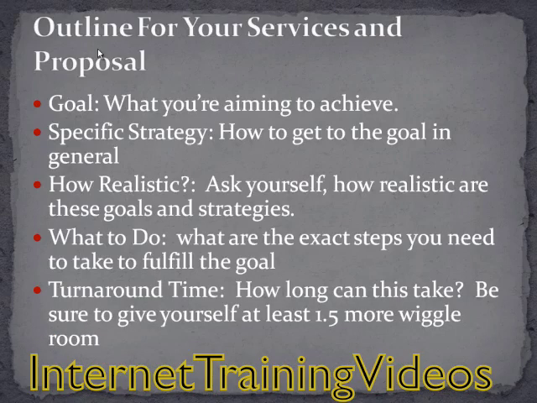Then you also need to figure out the turnaround time. How long can this take? Be sure to give yourself at least 1.5 or 2 times more wiggle room. So, for example, if you're doing video consulting or Facebook marketing, and you feel like an ad takes about an hour to set up, I would give yourself 1.5 or 2 hours to set up the ad campaign.